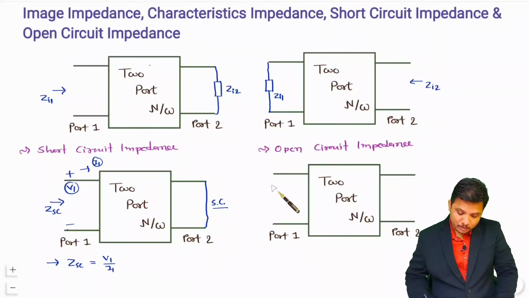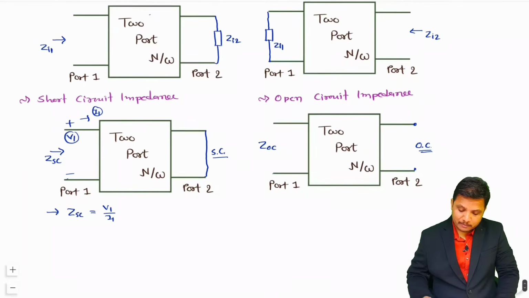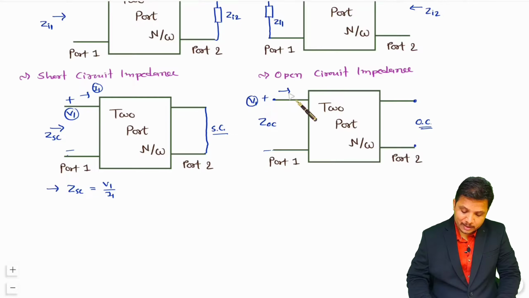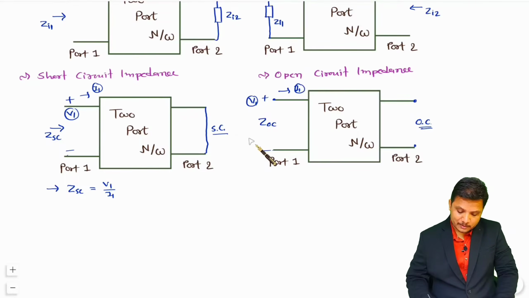Now let me explain what is open circuit impedance. When you want to measure open circuit impedance over here, you should keep port 2 open circuited. Remember this: when you want to measure open circuit impedance at port 1, you should keep port 2 open, as well as when you want to measure open circuit impedance at port 2, you should keep port 1 open. Here let us say we have voltage V1 and current going inside, that is I1, so you can get open circuit impedance as V1 by I1.